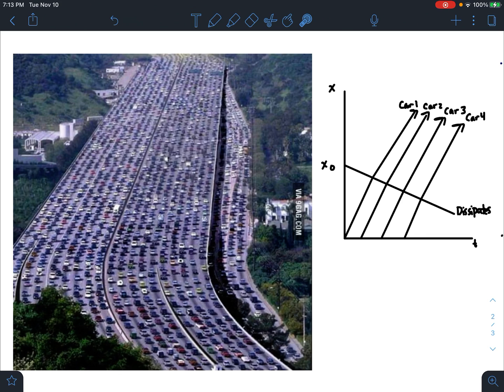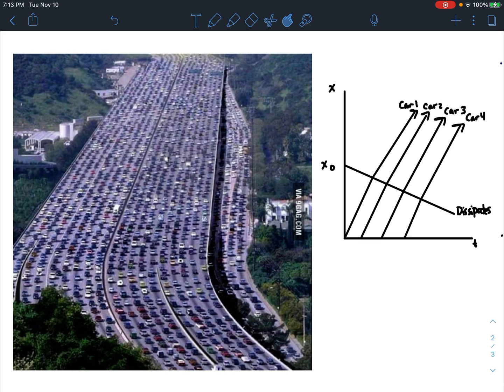And isn't that crazy? That is ridiculous, how long it takes for that traffic to clear. 11 days? That's crazy. So for that traffic jam to dissipate, it took 11 days, which is ridiculous.